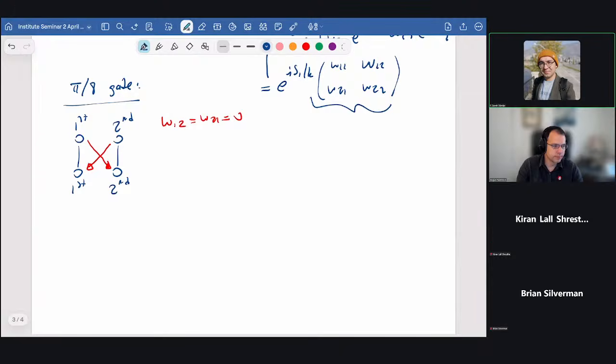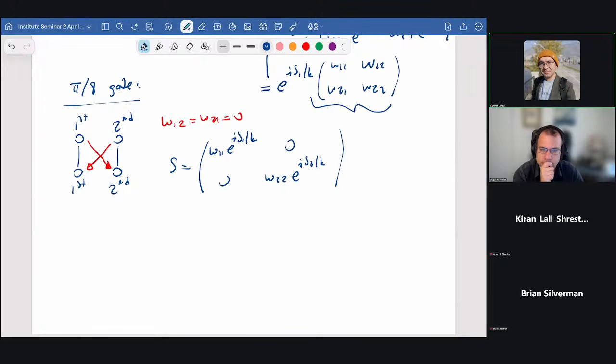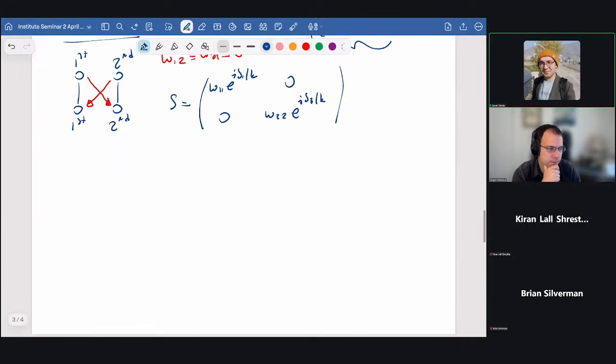The form of the S matrix for such a system will be in this form. And the off-diagonals are just zero. And we do the same trick. We bring out the complex phase at the beginning of the equation.